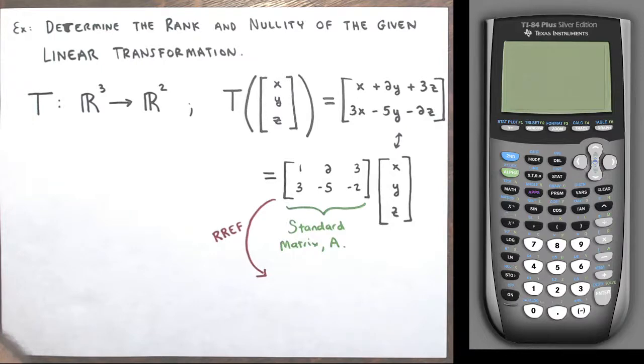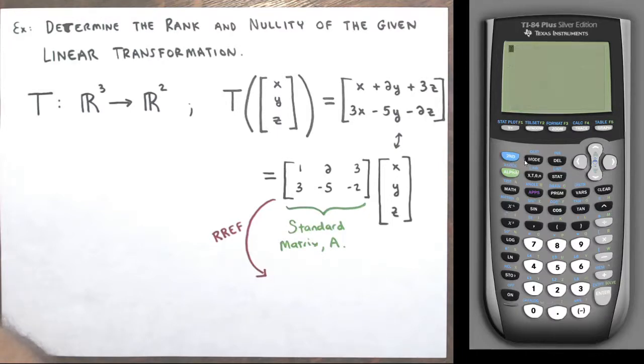So let me just turn this on. You go second to the matrix menu, over to edit, say matrix A. This is a 2 by 3 matrix. I enter the sizes, and then I enter these entries. There's 1, 2, 3 for the first row, and 3, -5, -2 for the second row, and then I'll get out of here.